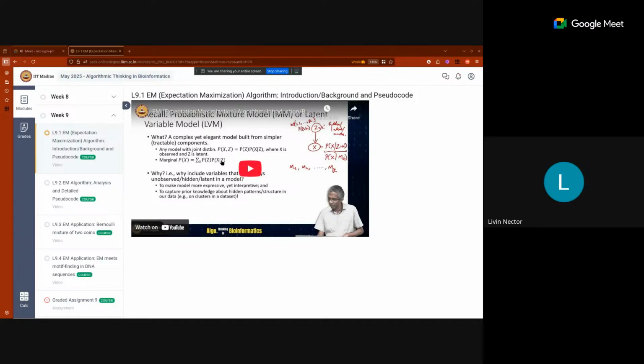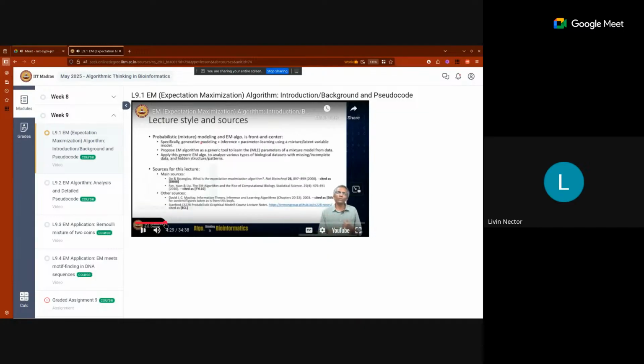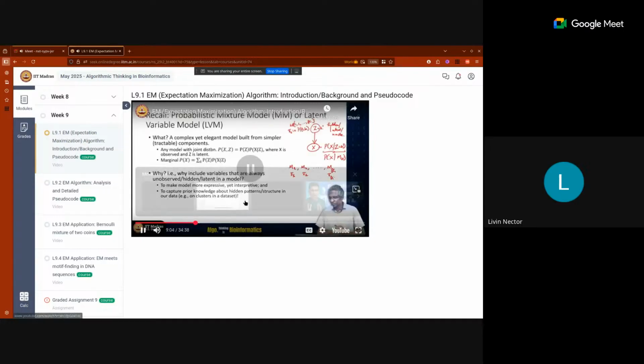Going from the probabilistic view, the important part is that we have the mixture component, which is the latent variable, but given the data, we don't know which sample belongs to which latent variable.